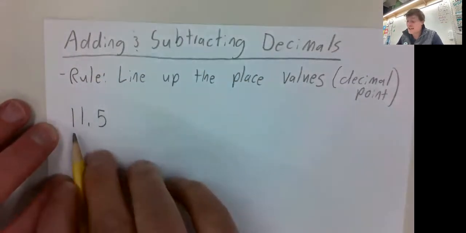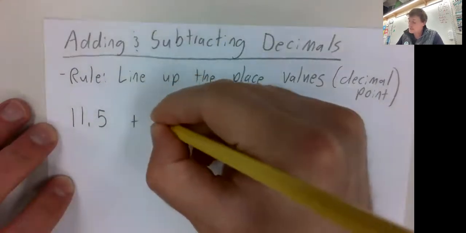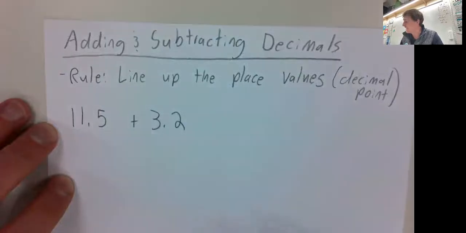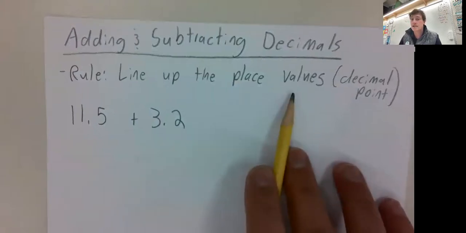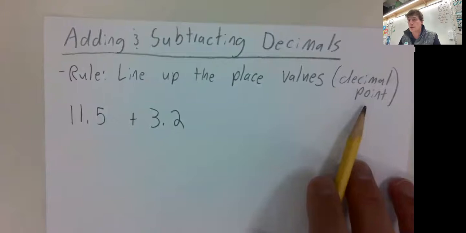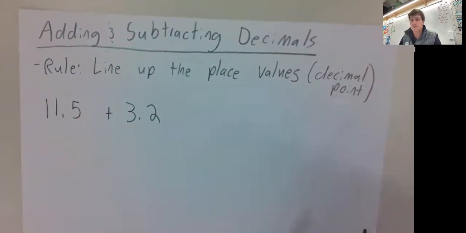11.5 or 11 and 5/10 plus 3.2 or 3 and 2/10. All I need to do is stack these on top of each other and make sure that the place values are lined up, and especially that decimal point. So the decimal point can be a good starting point to help you make sure that they are stacked properly in terms of their place values.